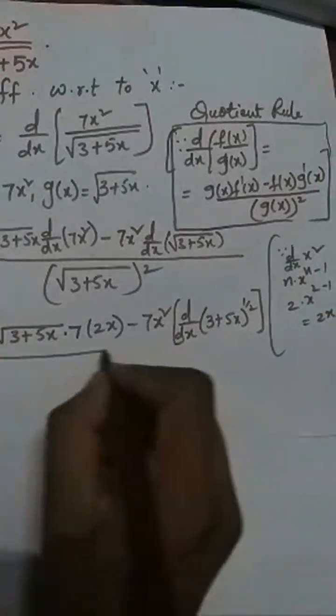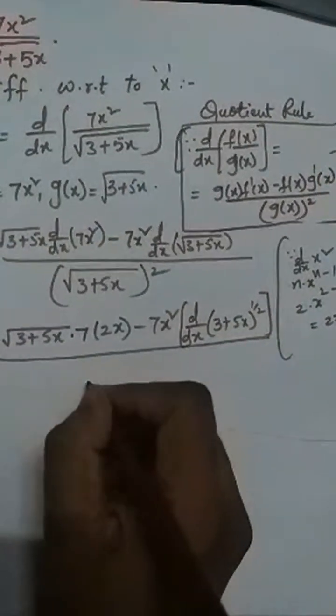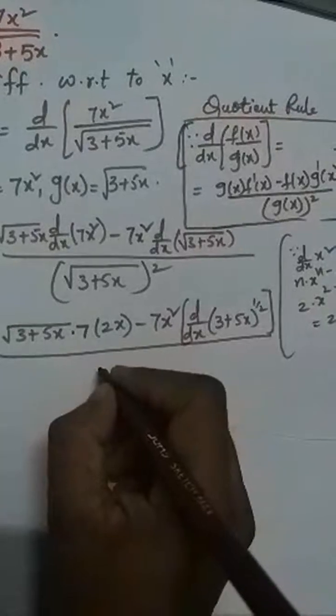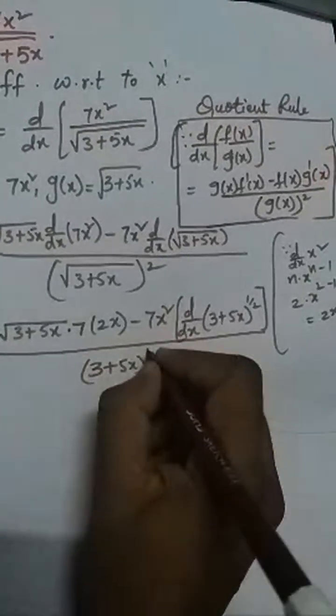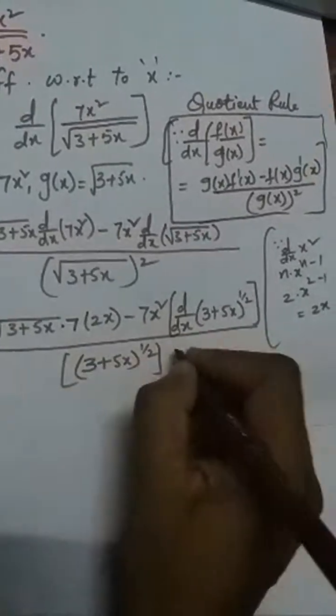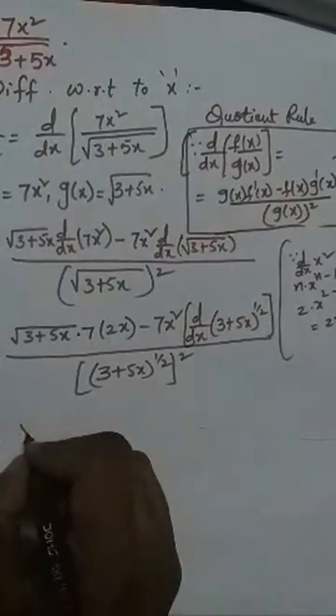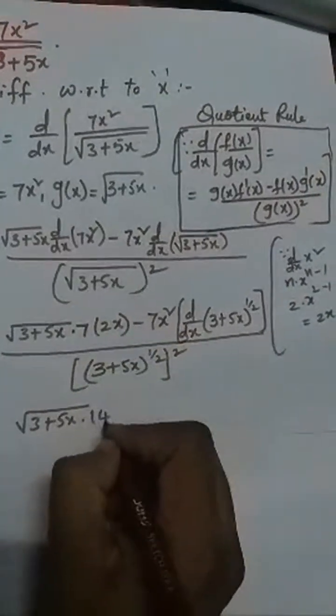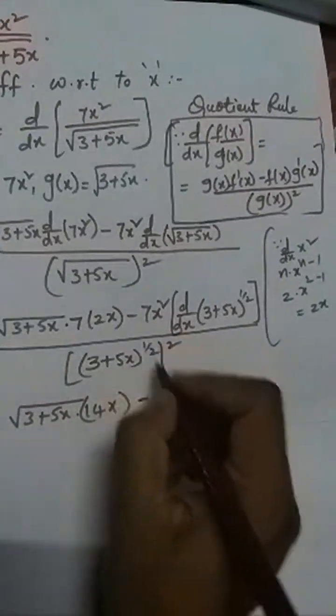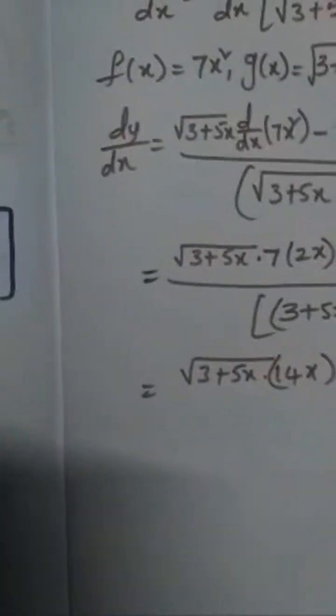Now we have to differentiate that one. This one I am writing as 3 plus 5x whole power 1 by 2, whole square is as it is. Now root 3 plus 5x, this is 14x minus 7x square.